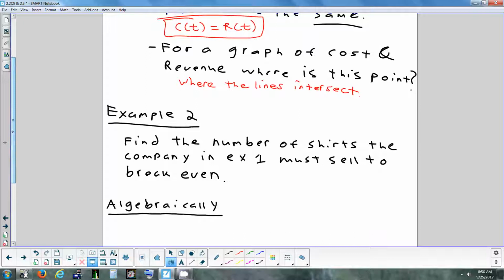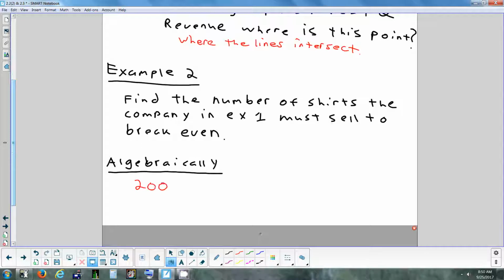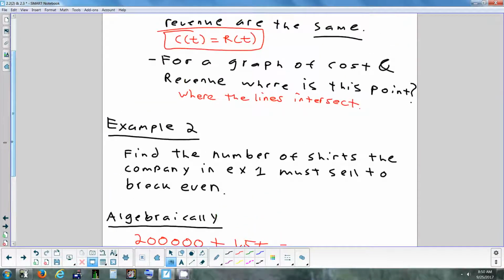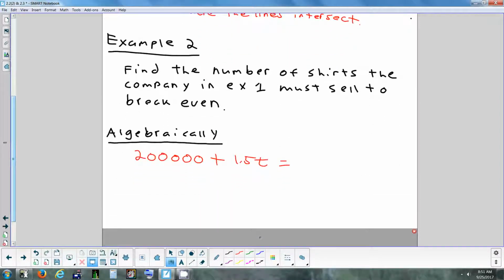So Leo, can you remind me again, what was our formula for C of t? 200,000 plus 1.5t. And Shauna, what was my formula for R of t? It was 4t. Okay, so we solve that.